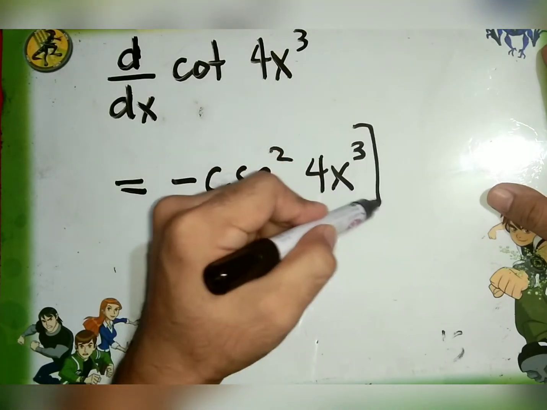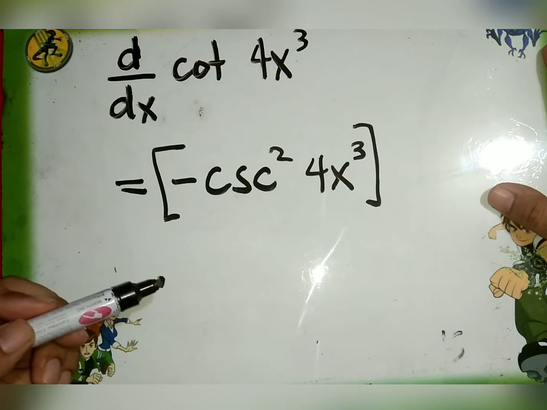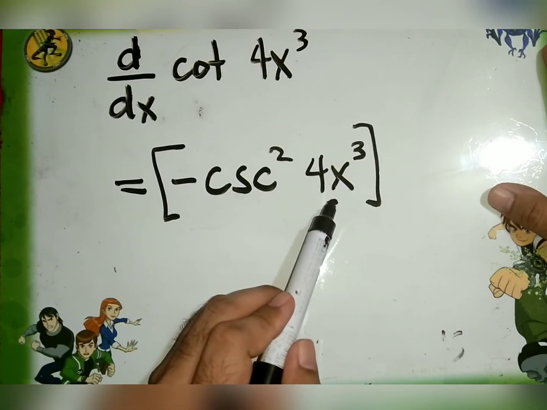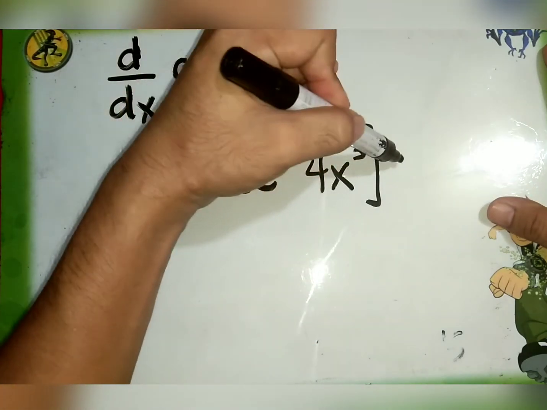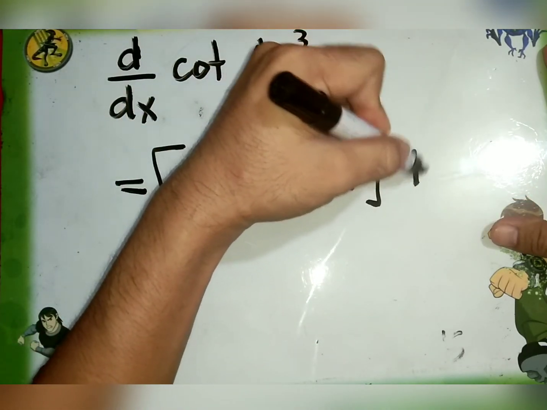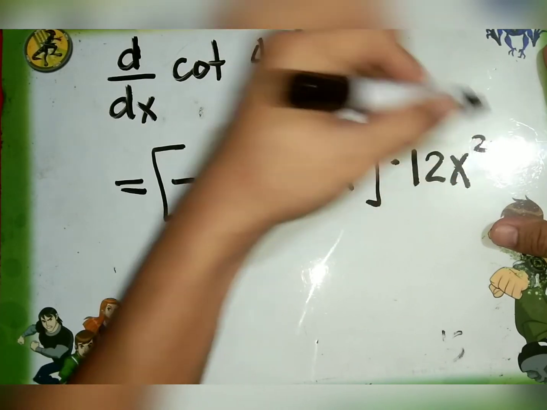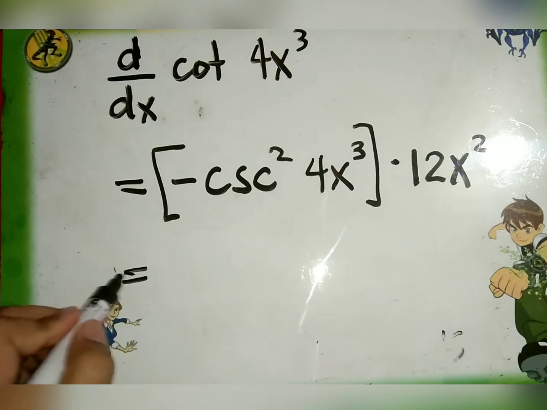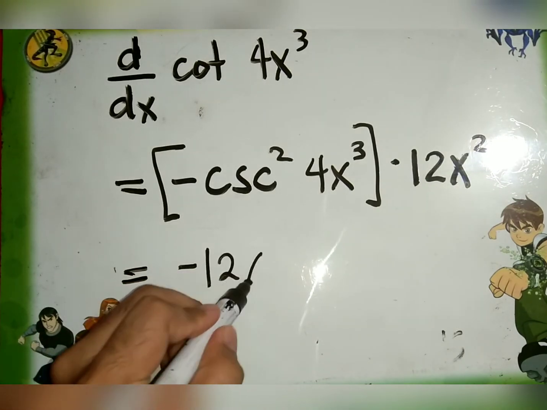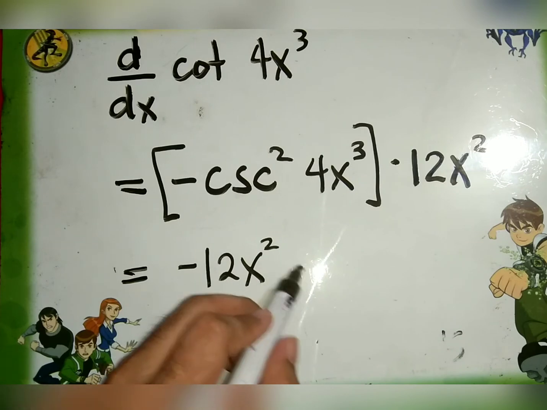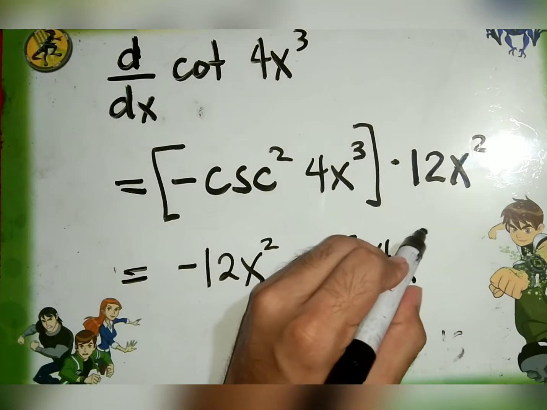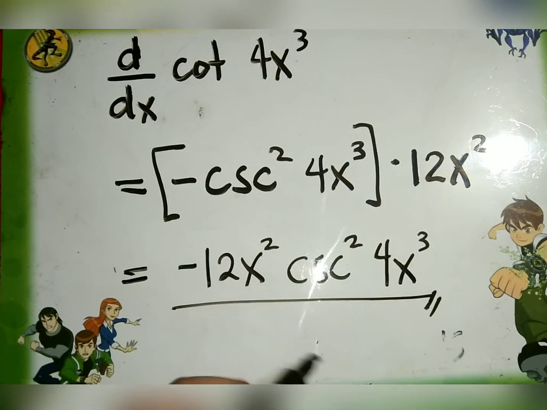Okay. Times, derivative naman ng angle. Ano yung derivative ng 4x cubed? So, power rule yan. Okay. So, we have 12x squared. Okay. Arrange lang natin. So, negative 12x squared cosecant squared 4x cubed. Okay. That's the final answer.